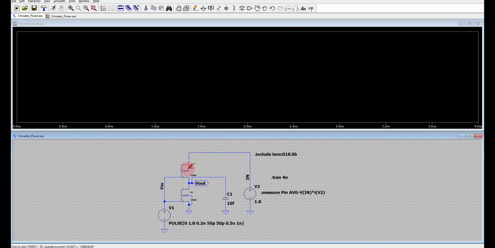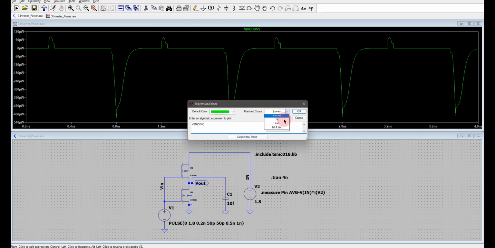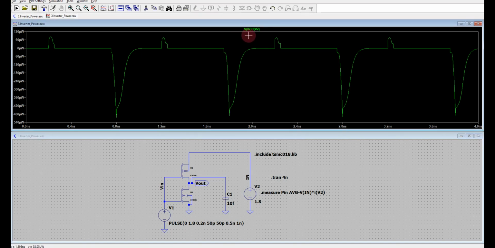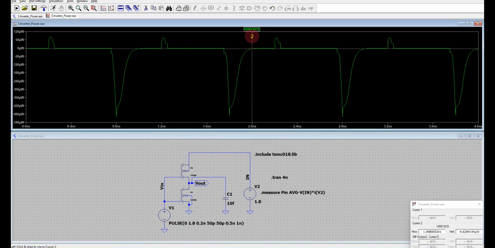If I have to find out the static power, I can also do that. This is the place where there is no activity happening, right? So if I put a cursor out here where there is no activity, that gives me the static power.